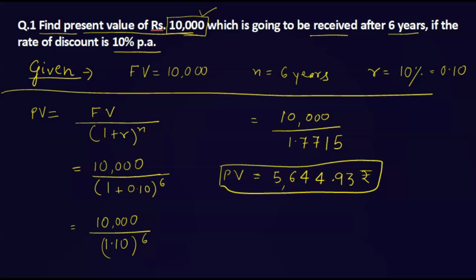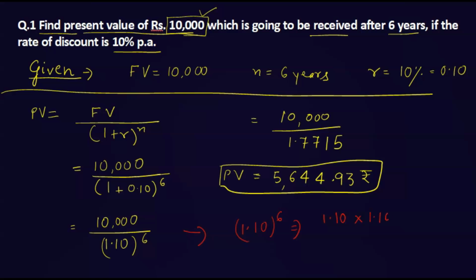Maybe some people don't know how to find the power. For 1.10 to the power 6, on the calculator you have to multiply 1.10 six times, not 1.10 multiplied by 6.